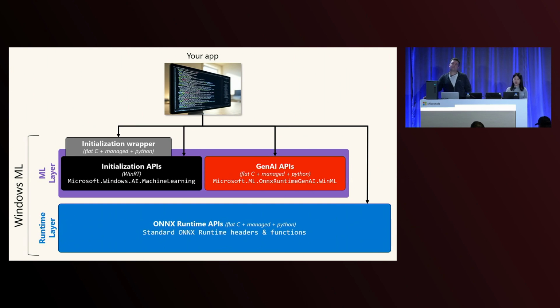First, if you've already written app code against the ONNX runtime, it is very easy to port it to Windows ML because all the APIs you're used to are already available here. And also, since we're exposing the full ONNX runtime API surface, you can take very fine-grained control over how on-device inference happens, especially if you want to do things that aren't exposed via the ML layer yet.